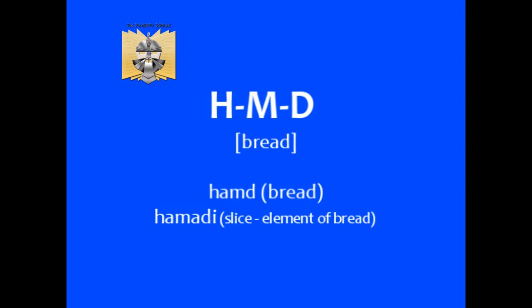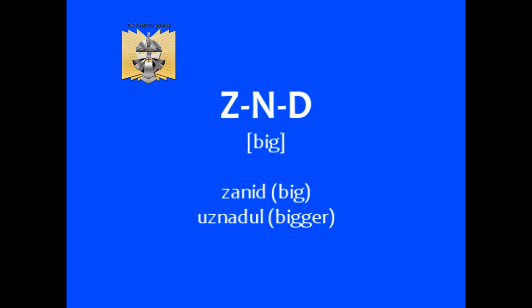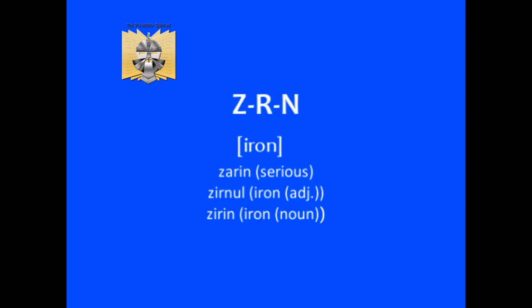HMD, hamd, bread. Hamadi, slice, element of bread. ZND, zanid, big. Uznadul, bigger. ZRN, zarin, serious. Zirnul, iron as in adjective. Zirin, iron as in noun.